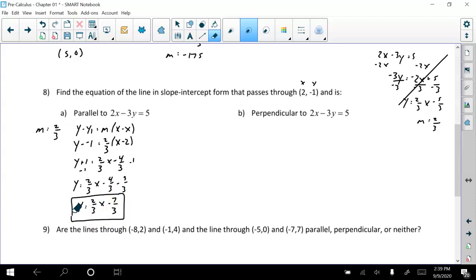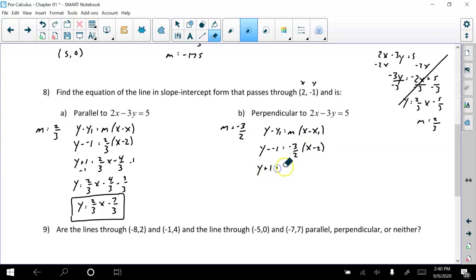Perpendicular, the slopes are opposite reciprocals. So the opposite reciprocal of 2/3 is negative 3/2. Same thing again, y minus y1 equals m times x minus x1. Y minus negative 1 equals negative 3/2 times x minus 2.